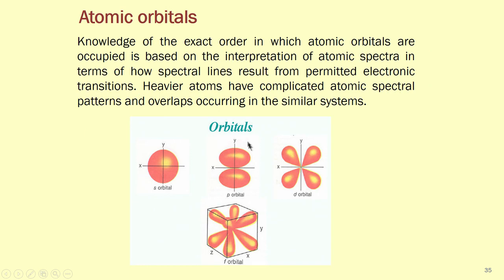The first one is circular, and the second one, the p orbital, is along the x axis and y axis, that is above and below. Suppose I have the atom here at the center, the p orbital will be located one above the plane and one below the plane, the dumbbell shape.